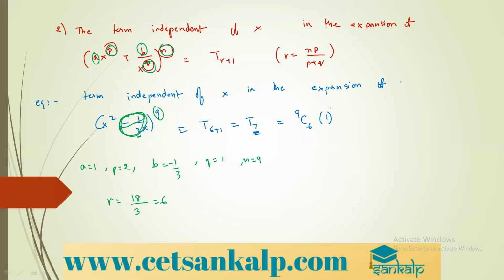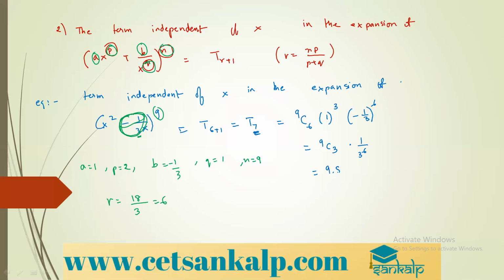The coefficient 1 power will be 9 minus 6, 3. And the coefficient negative 1 by 3 power will be 6. So that means 9C6, which is 9C3. Then minus power 6 will be positive only. 1 power 6 is 1, 3 power 6.